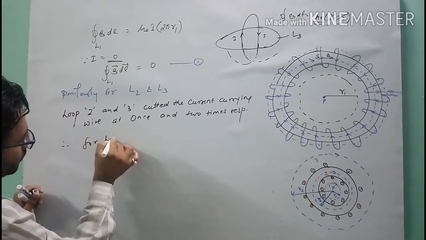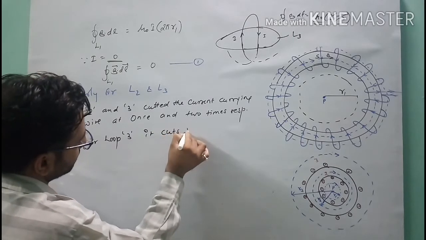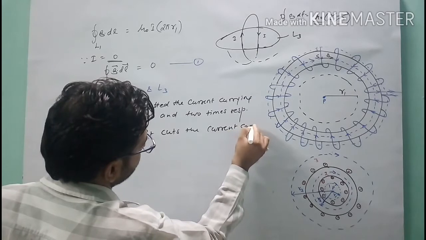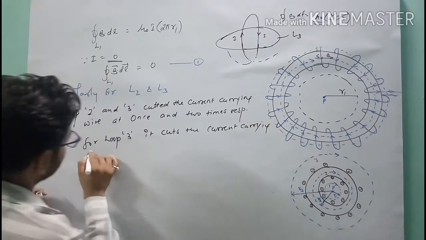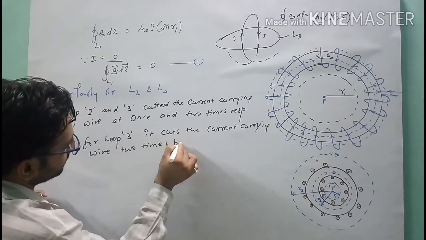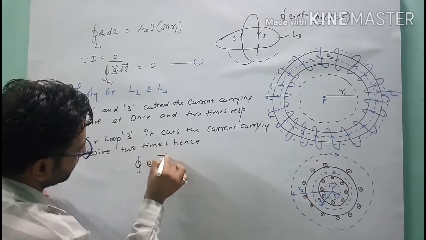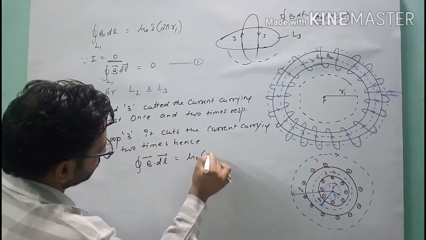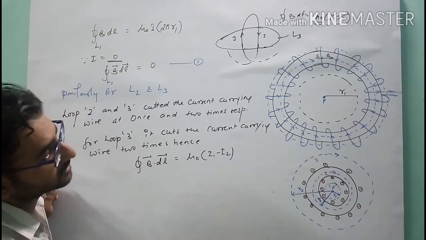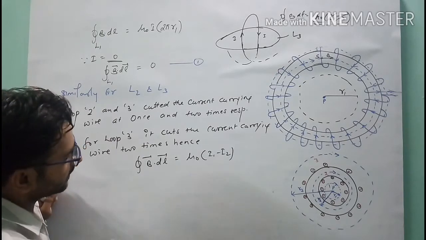For loop third, it cuts the current carrying wire two times. Hence we know that the line integral of B dot dl equals mu naught times the total current enclosed, I1 minus I2, the total current enclosed by the surface S3 of radius R3 according to the diagram.